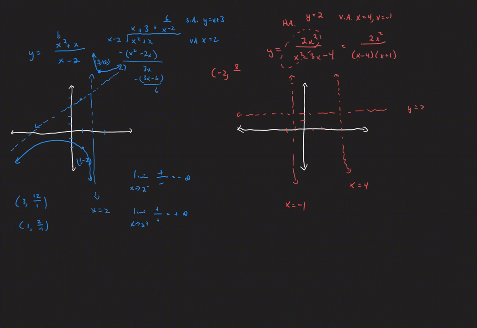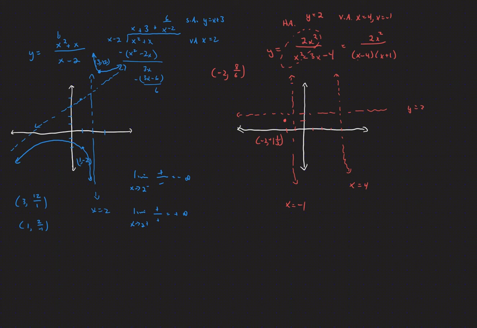Negative 6 times negative 1 is positive 6. So that's going to be a negative 2 and then 1 1/3. So that's going to put us somewhere below our horizontal asymptote. So negative 2, positive 1 1/3.